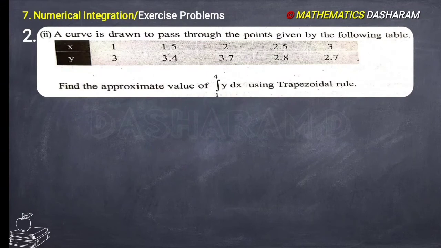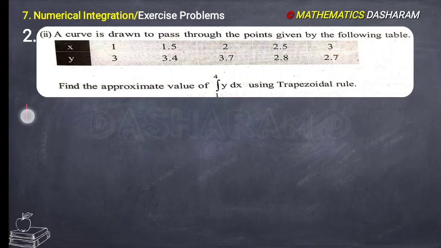Next, the second question is, a curve is drawn to pass through the points given by the following table. Here x values and y values are given. Find the approximate value of integration 1 to 4 y dx using the trapezoidal rule. Here, to know the h value, observe the x values 1, 1.5, 2, 2.5, 3.